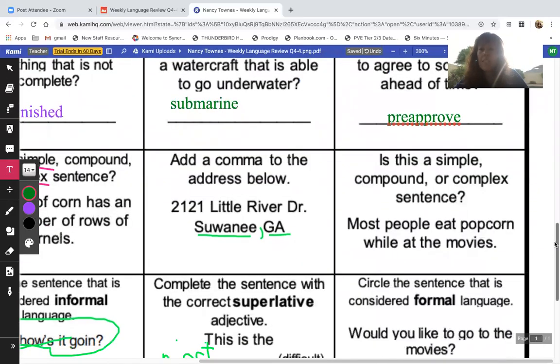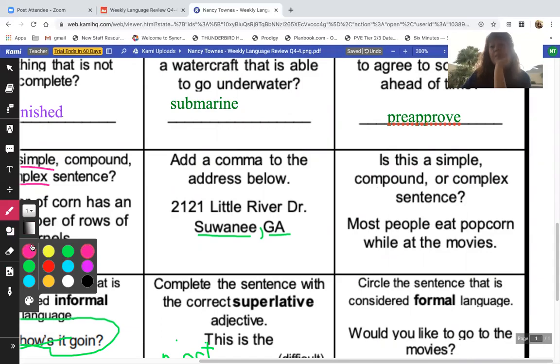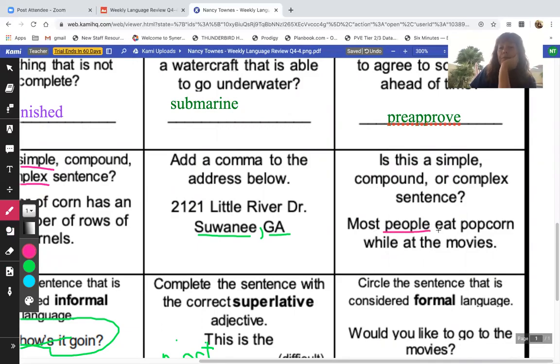All right, is this a simple, a compound, or a complex sentence? Let's read it. Most people eat popcorn while at the movies. What do you think? I see 1 noun and 1 verb while at the movies. Definitely not compound. I don't see 2 words there. Complex.